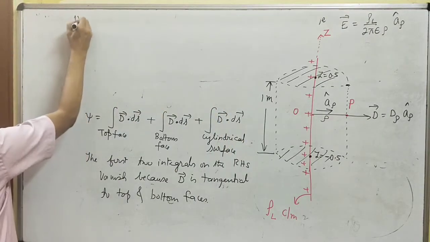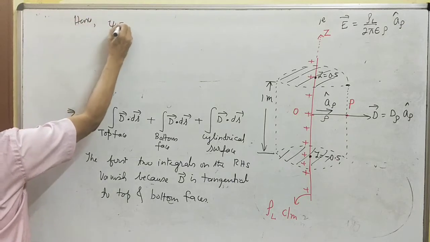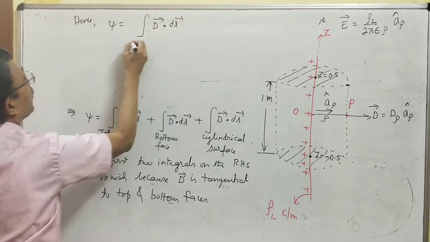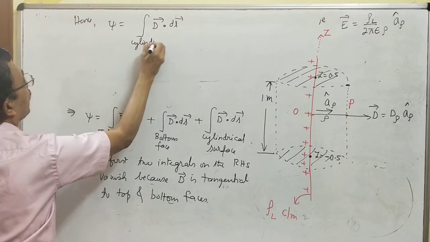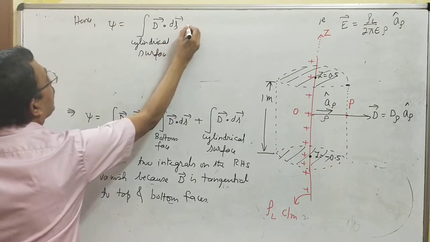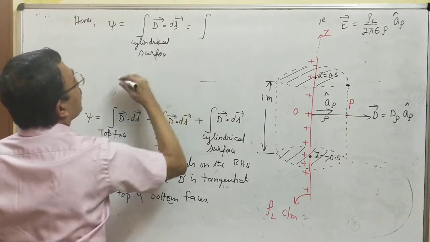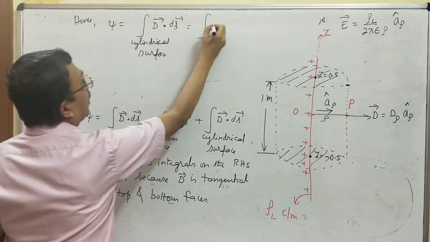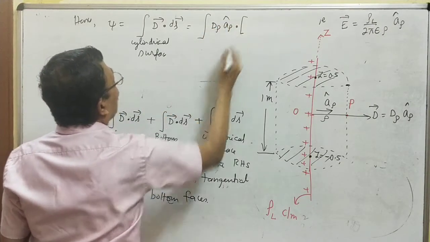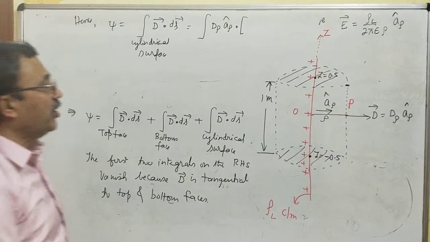Hence, psi is equal to open surface integral vector D dot dS on the cylindrical surface. Nothing but what is vector D? Vector D is D rho into a rho cap. Now we are doing the problem in cylindrical coordinate system.